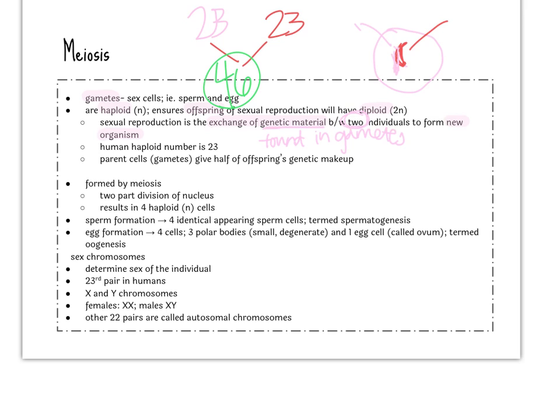So the parents' gametes give half of the offspring's genetic makeup. And we will get way more into genetics. Just remember, half of it comes from mom, about half of it comes from dad.